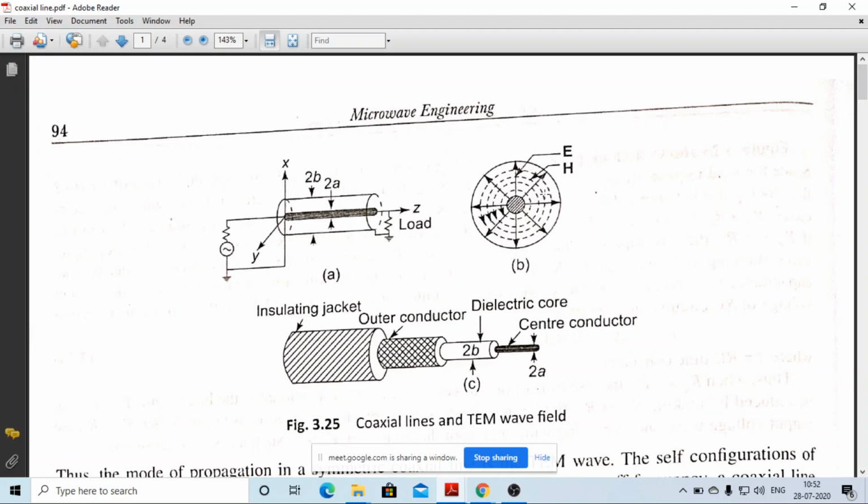So both E and H fields are transverse with respect to the direction of propagation, that is the z direction. So this is a good example of a TEM wave, transverse electric and transverse magnetic. Generally in waveguides and transmission lines, either the transverse electric field or the transverse magnetic field is carried, but this coaxial cable is a very good example of transverse electric and magnetic fields.